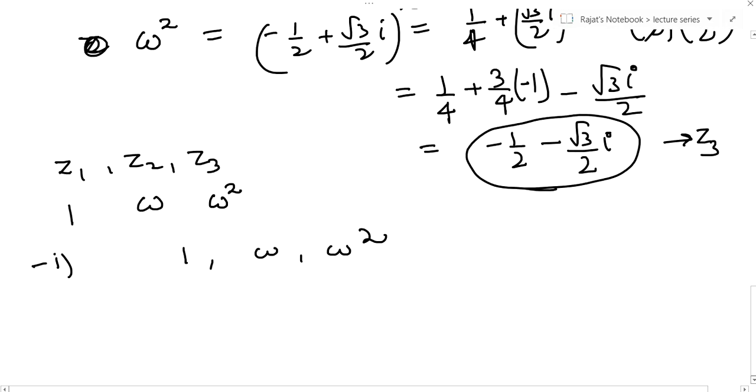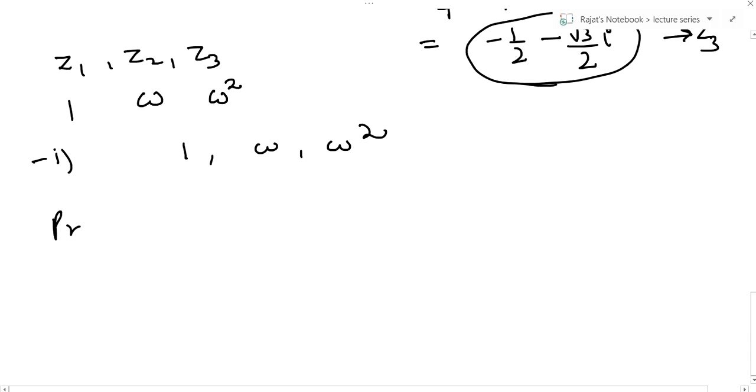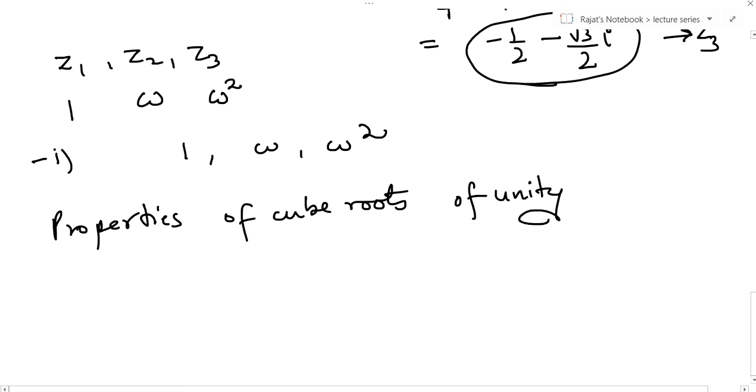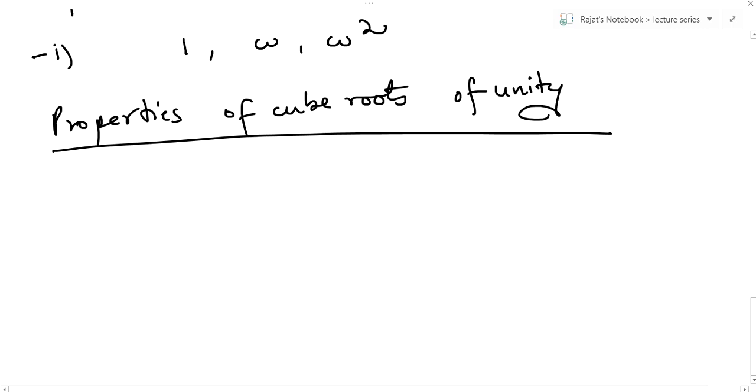Let us discuss some properties of cube roots of unity. Suppose I add the three roots, 1 plus omega plus omega square.